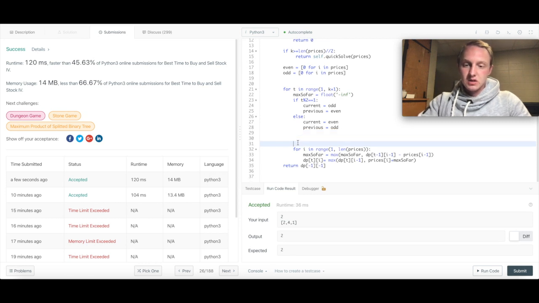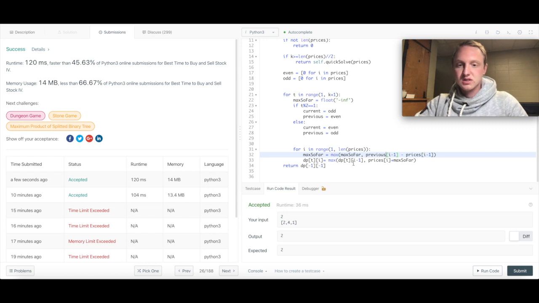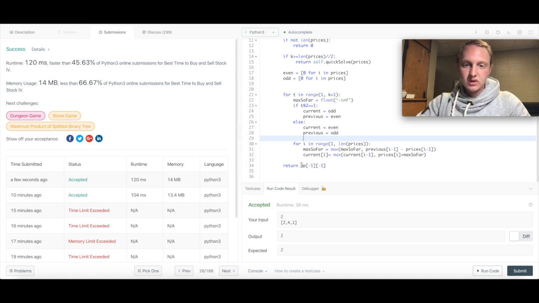And what we're doing pretty much in here, we're just referring previous, prices stays the same, referring current here and current here. Looks okay. And here we need to remember, we need to check what we're trying to return.